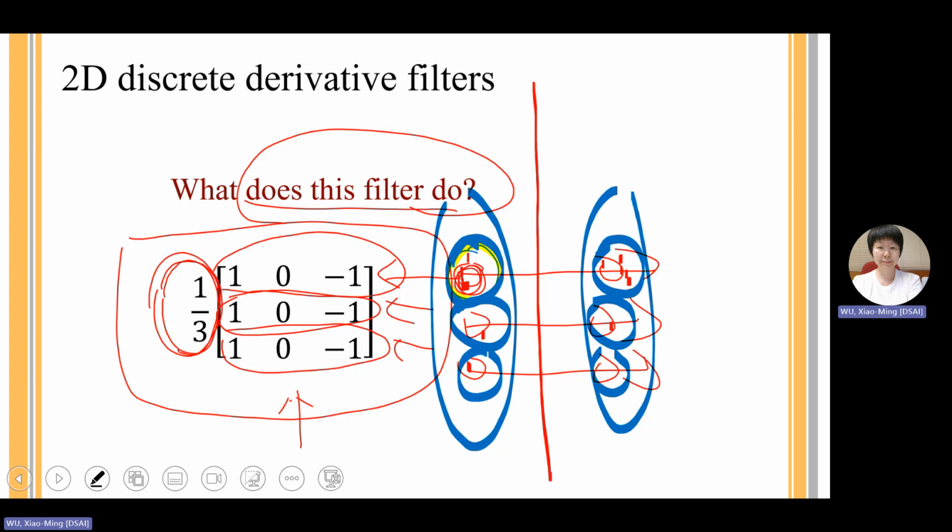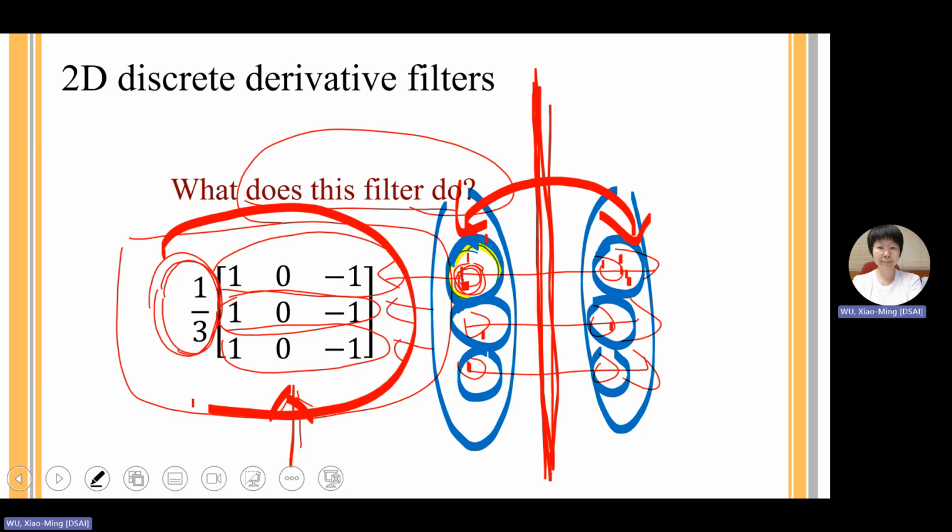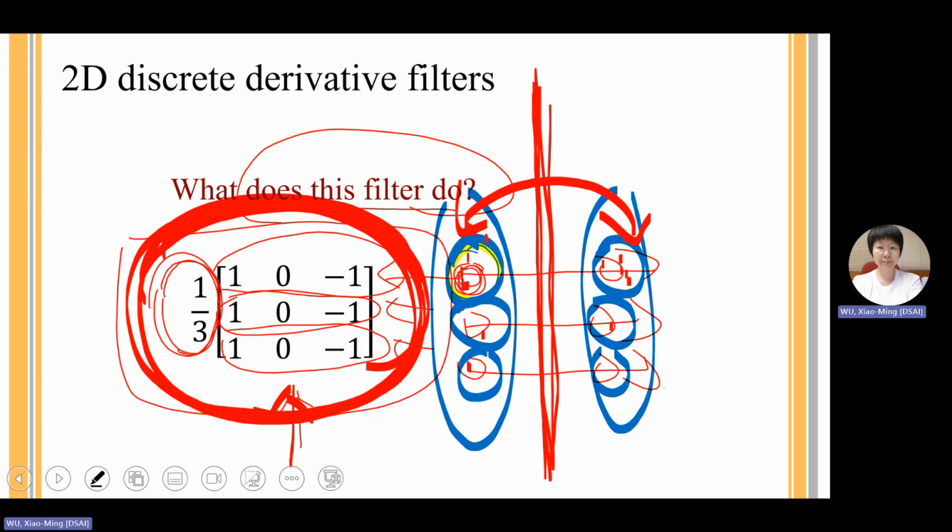So we can infer that this filter is responsible for detecting vertical edges. If there's a vertical edge, it means there's a significant change between these pixels, and this value will be large. So if the value is large, it indicates there's a significant vertical edge here.